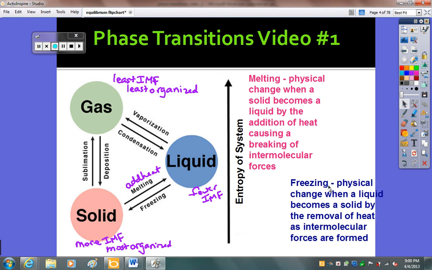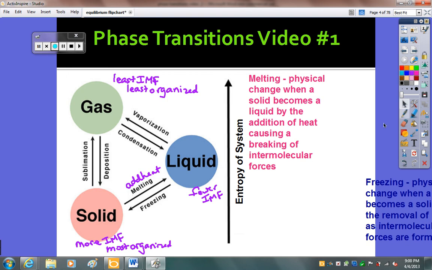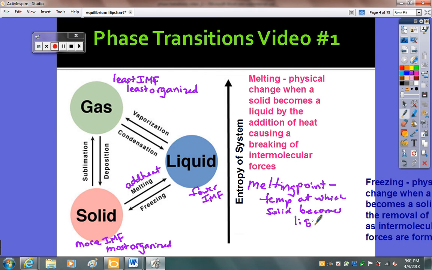So what would melting point be? Melting point is going to be the temperature at which the liquid is formed from the solid. We also have something called normal melting point.